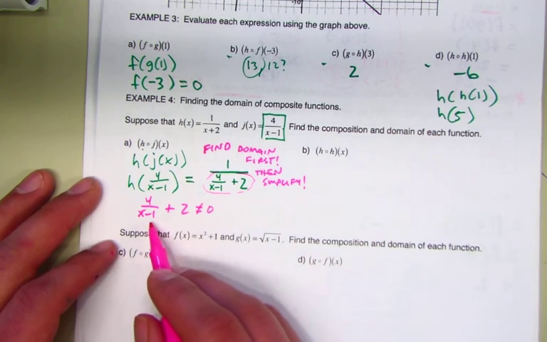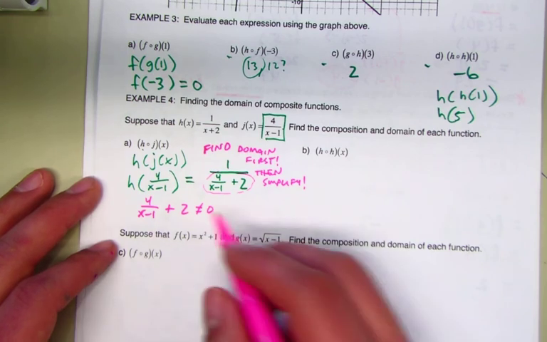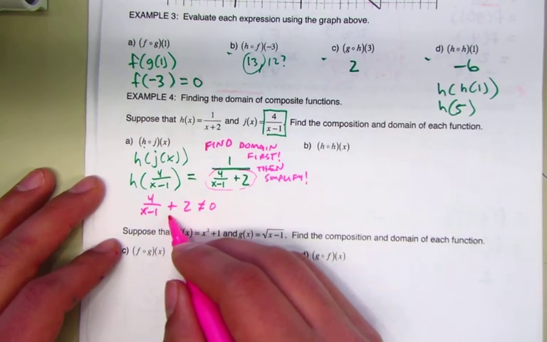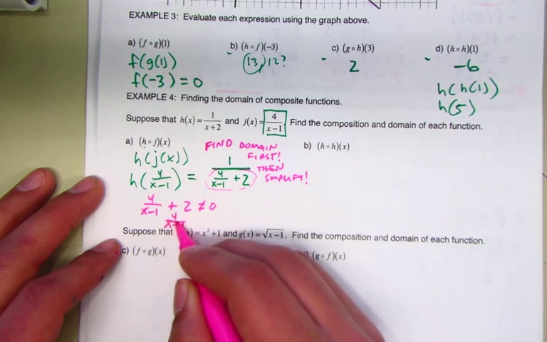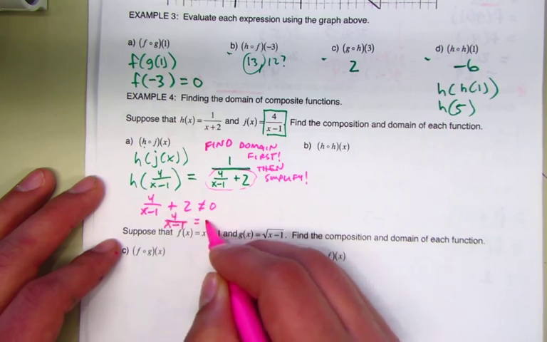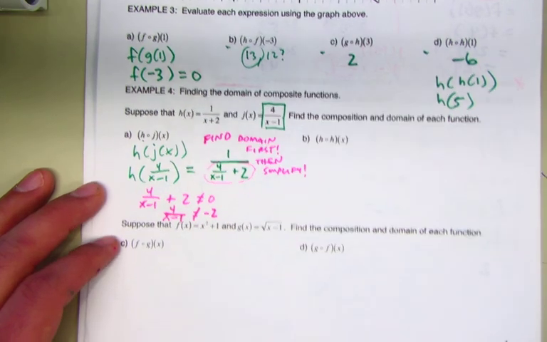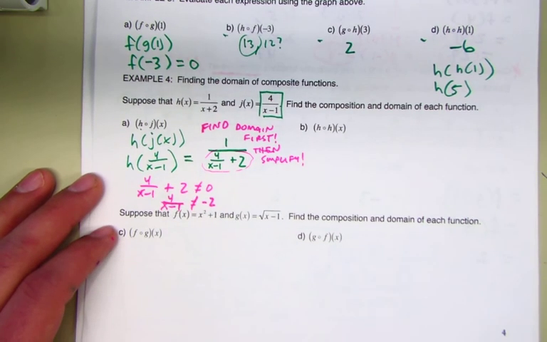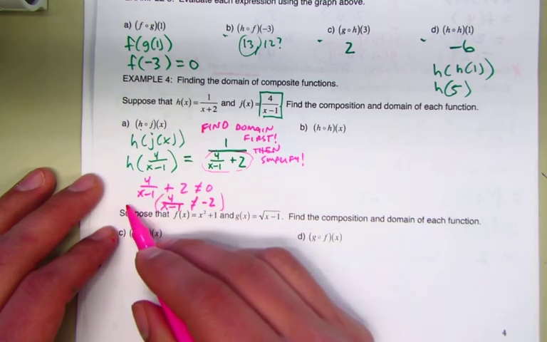How do I solve for x? What can I do? Subtract 2. I'm going to just squeeze it in right here. 4 over x minus 1 is now going to equal, not equal, thank you, -2. And then multiply by the x minus 1.